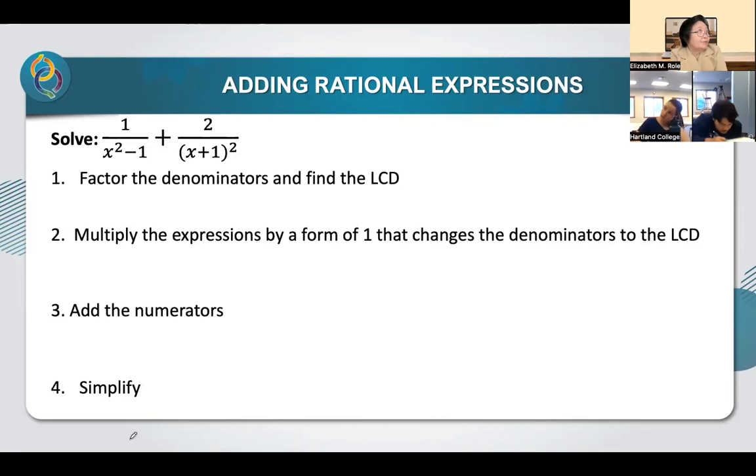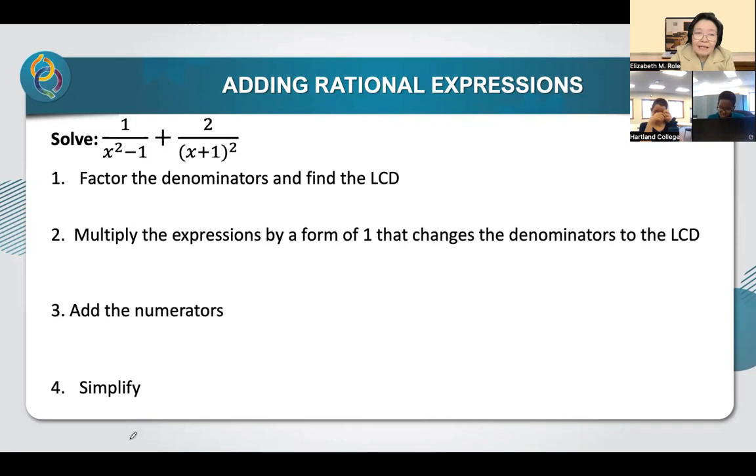So what would be the LCD? X plus 1 and x minus 1. All right.